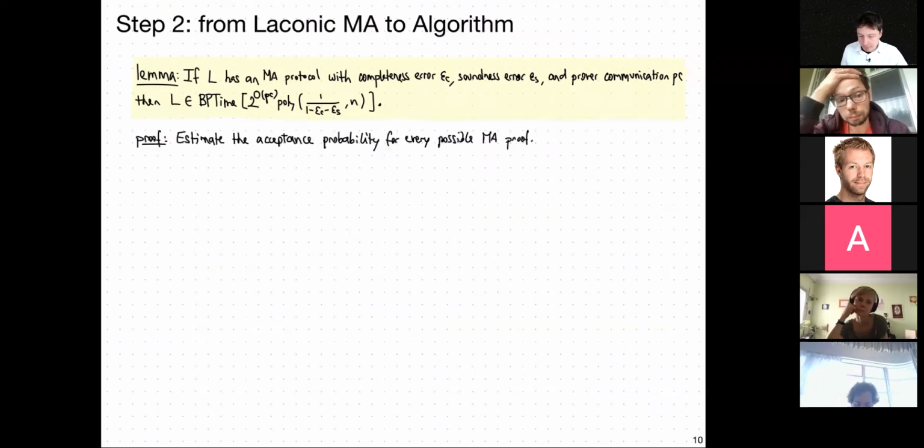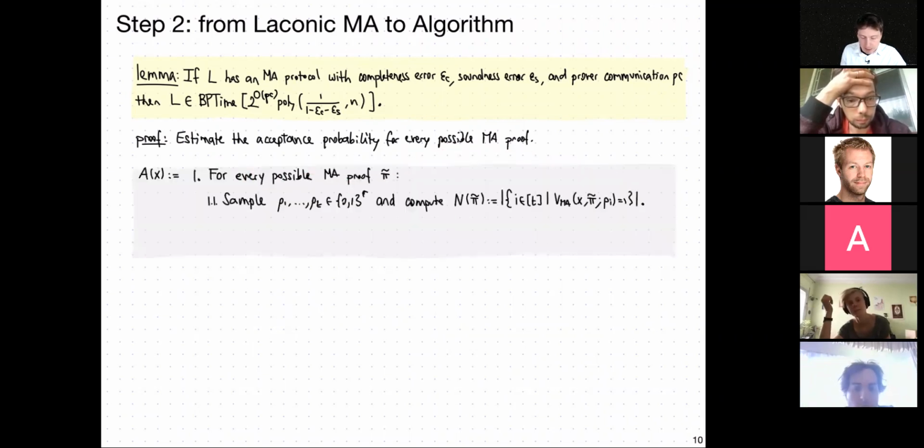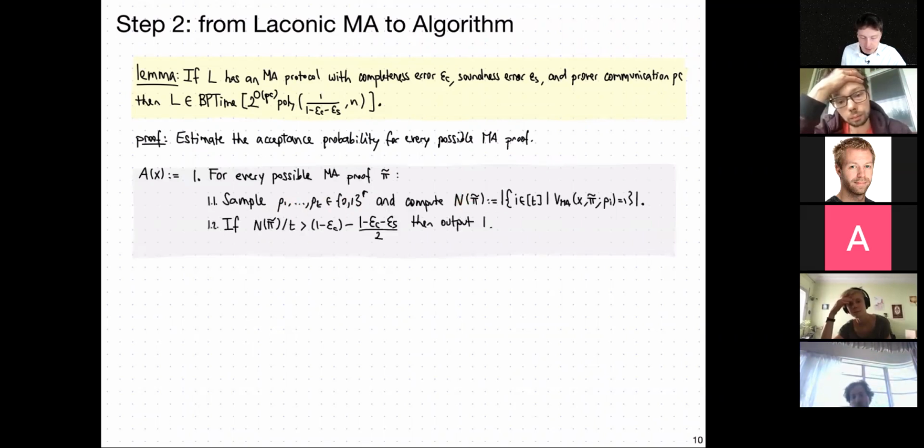So, the proof, again, the direct thing that you would do is you are just going to estimate the acceptance probability for every possible MA proof. So here's the algorithm. For every possible MA proof, sample some representative randomnesses and compute the number of accepting ones. And if the fraction is, let's say, above half the gap between completeness and soundness, output 1, otherwise output 0.